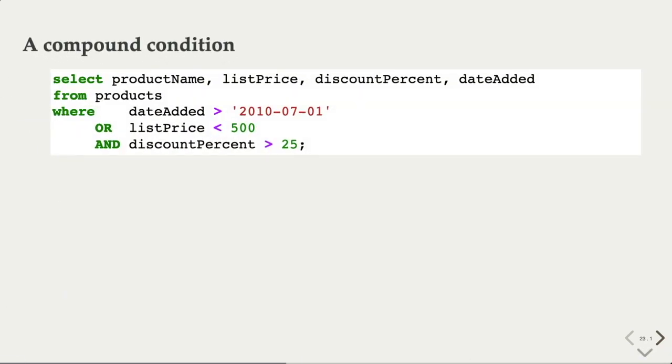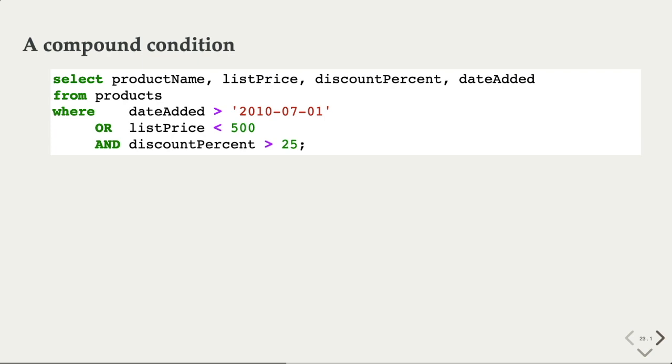So let's look at one. This is a compound condition where you want to select the product name, list price, discount percent they added from the products table, where the date added should be greater than this particular day, which means it's after this particular day, or this price is less than 500 and discount percent is greater than 25.